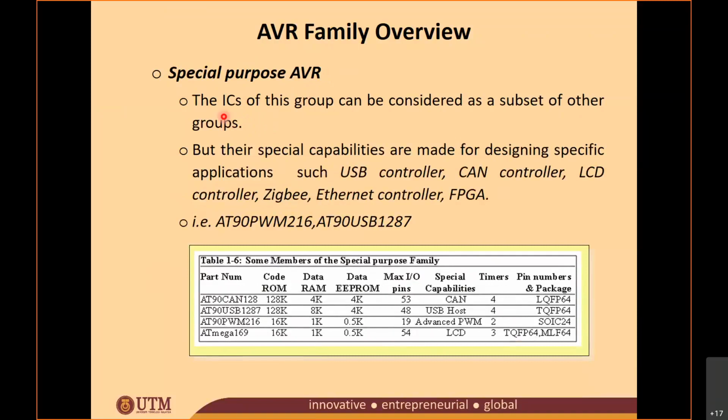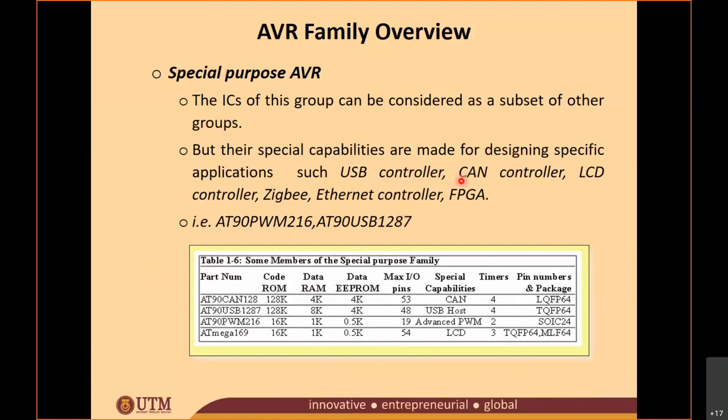Okay, so the ICs of this group can be considered as a subset of the other groups, but they have special abilities made for designing specific applications. For example, if you're going to use a USB controller, you can use this special purpose AVR.